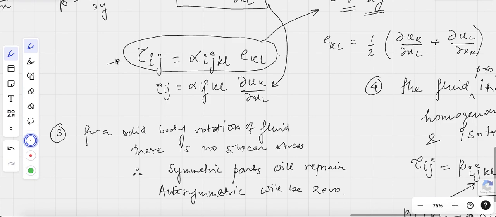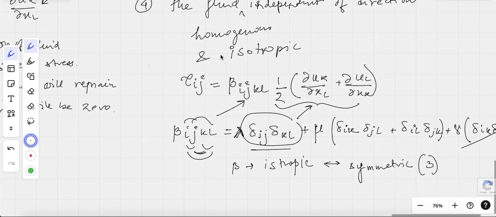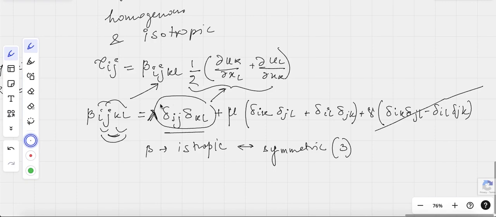To solve this, we need 81 unknowns. How 81? This 3, we don't know alpha, right? This 3, 3, 3, 81. From this, after all these four assumptions, we have got only two unknowns, this and this, right? These are the two empirical unknowns. Rest of the unknowns are all parametric.